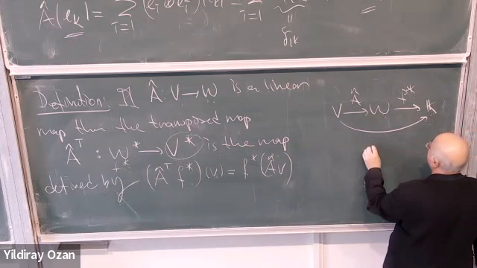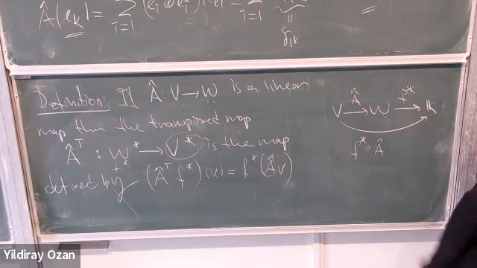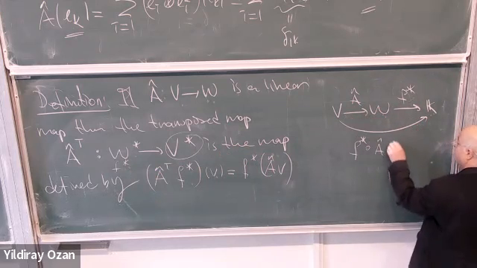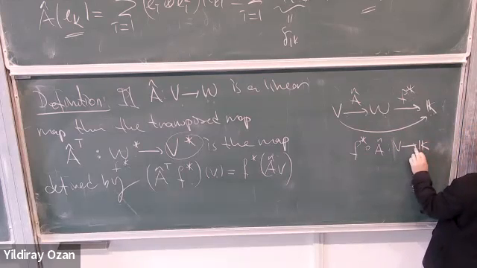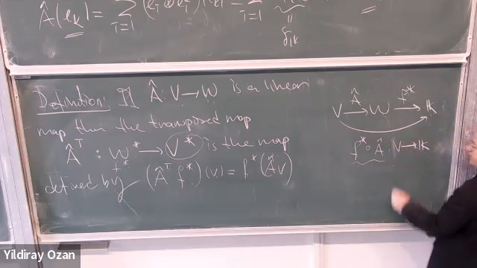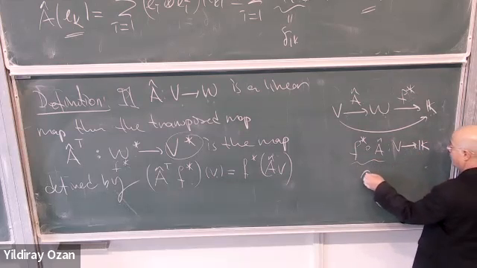So first I go with A and then by f star, right? This is the composition map. It's a map from V to K. Therefore, this thing is an element of V star.